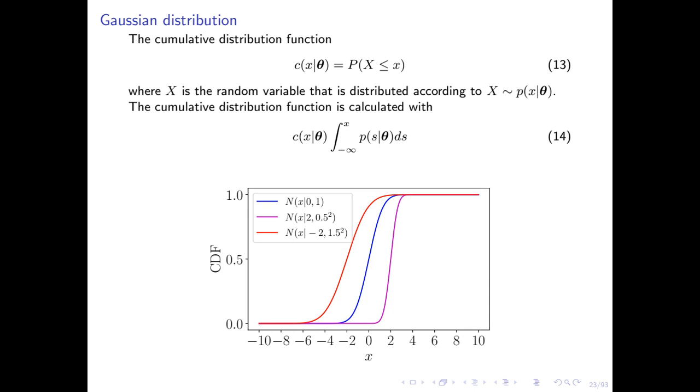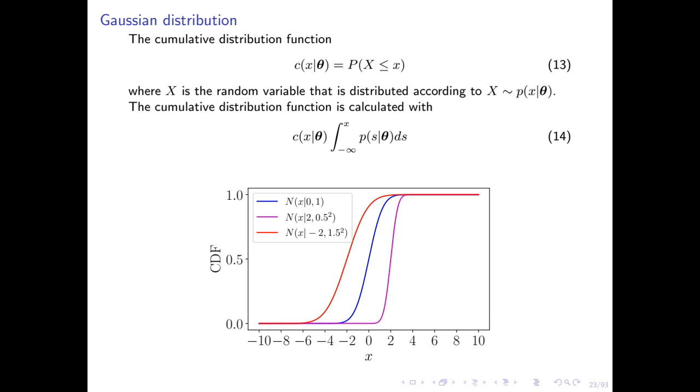Another function is the cumulative distribution function. That happens if we integrate from negative infinity up to some value x, and it's a cumulative distribution of that plot. So this is also a way to view the probabilities of the Gaussian random variable.